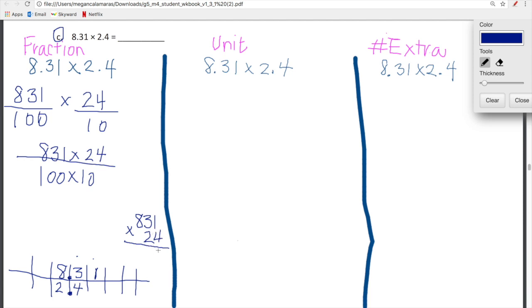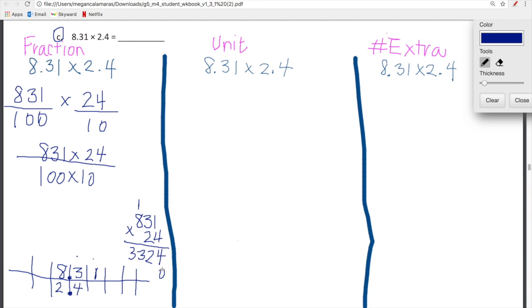So we have 4 times 1 is 4. 4 times 3 is 12. 4 times 8 is 32 plus 1 is 33. So let's go on our second line. We're going to put down our 0 because this isn't a 2, it's a 20. Anything that ends in 0 when we're multiplying is going to end in a 0.